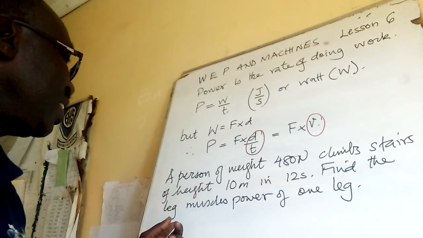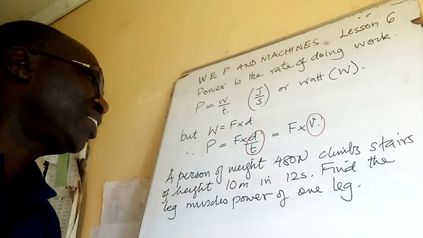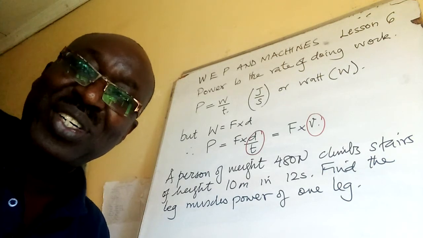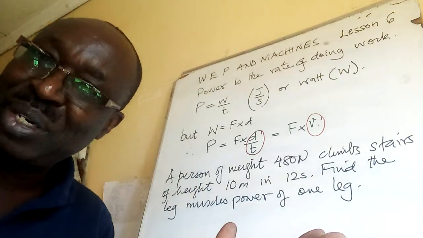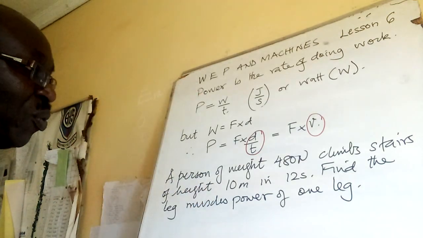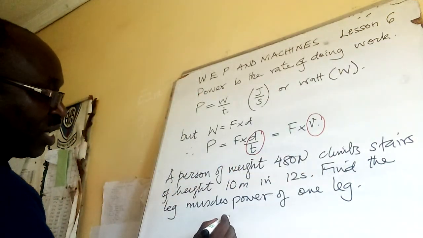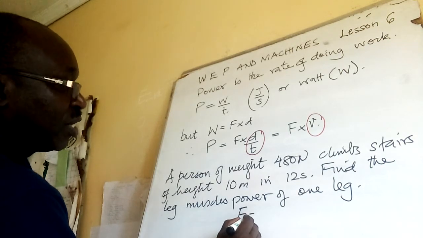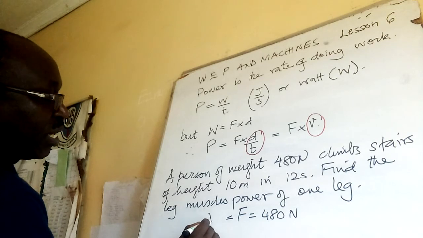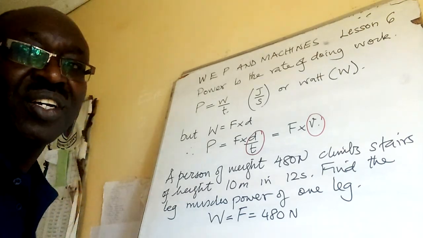Find the leg muscle power of one leg. We are assuming those legs are functioning the same, but the bottom line, how many legs does a person have? 2. So we sort this, that F is equal to 480 newtons given in terms of weight.